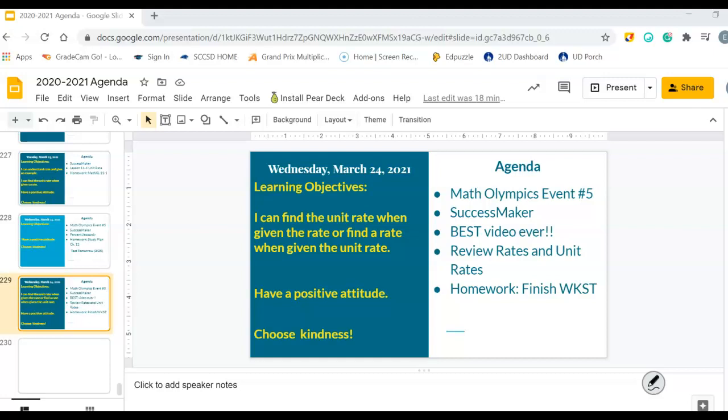Again, our goal today is to be able to find the unit rate when given the rate, or find the rate when given the unit rate. So we'll go back and forth with those. We completed Math Olympics, and we are now moving on to the best video ever. Are you ready for this?